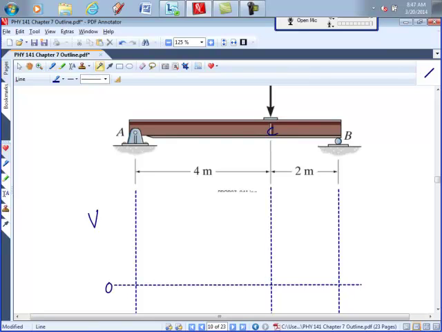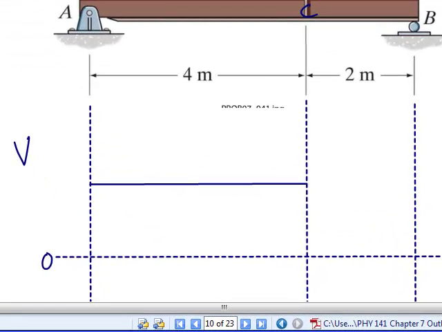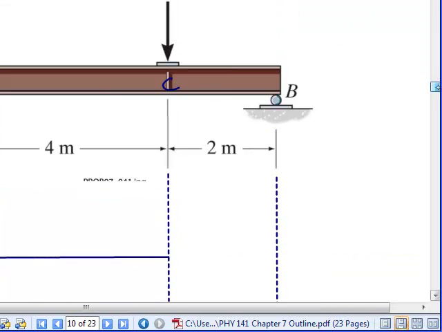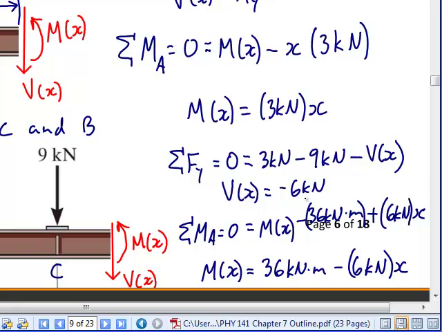Straight line at what value? 3. And then at C we have a discontinuity, as it jumps from 3 to minus 6.